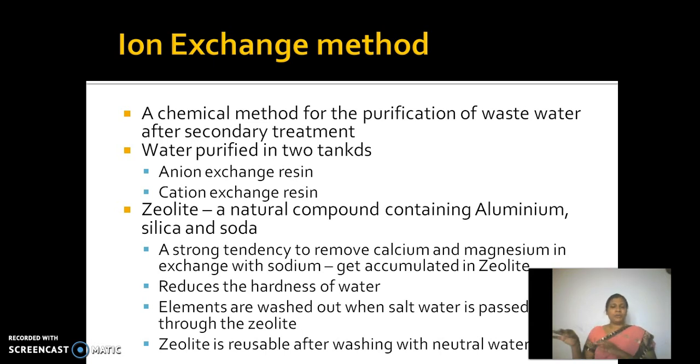After that you remove it and wash it with salt water, and when you use salt water, all the magnesium, all the elements that get attached to the zeolite are washed out, and then you can again wash the zeolite with neutral water. So thereby you can use the zeolite again and again in the anion exchange resin.